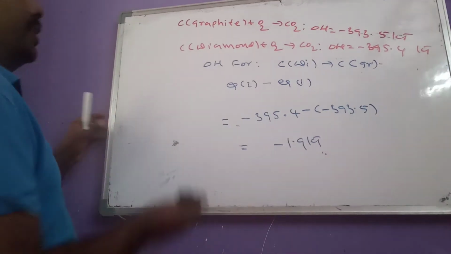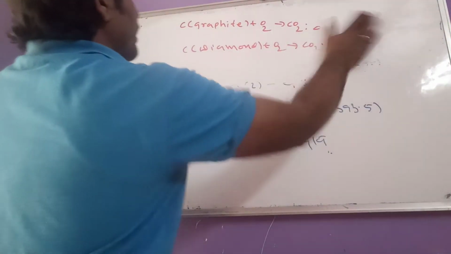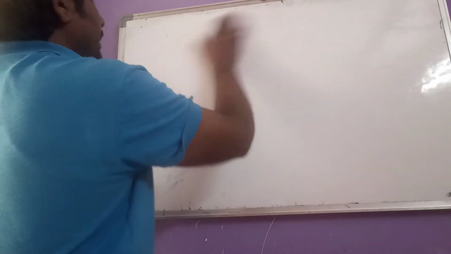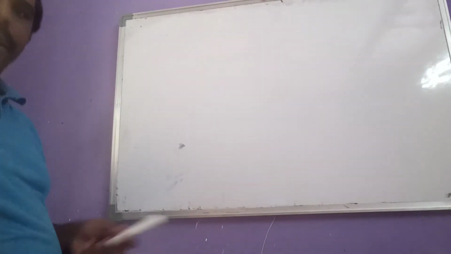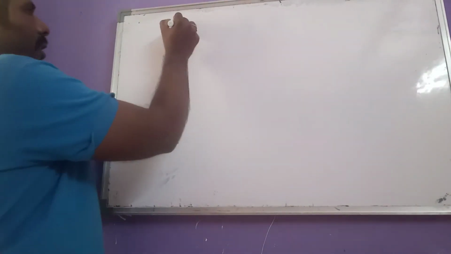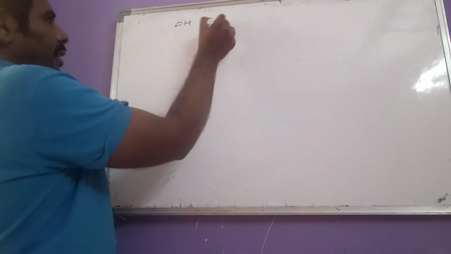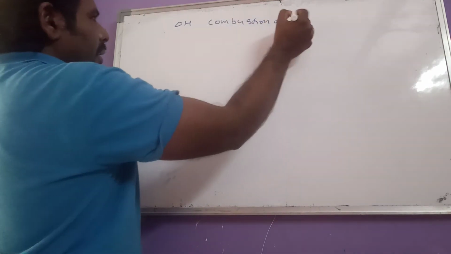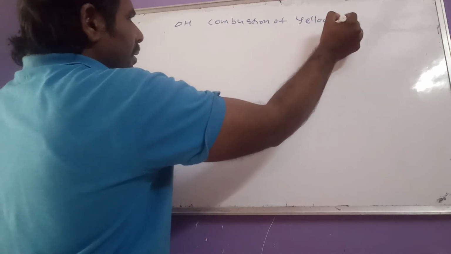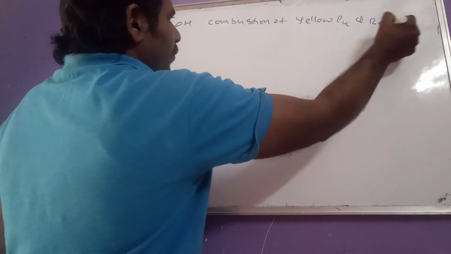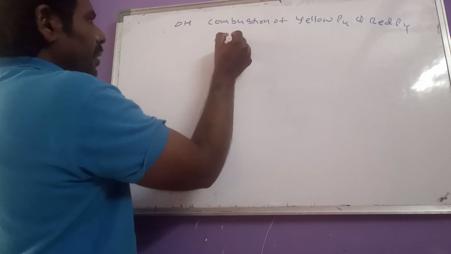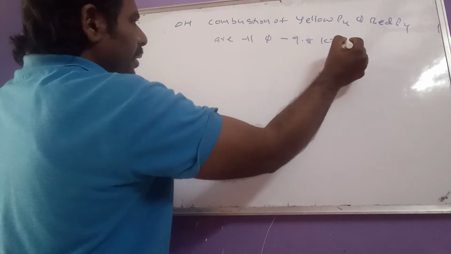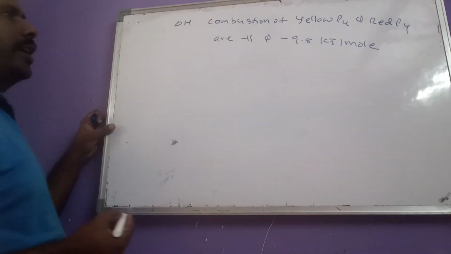Now let us go for another question related to phosphorus. Of course, yellow phosphorus and red phosphorus are there. Now, delta H of combustion of yellow phosphorus and red phosphorus are minus 11 and minus 9.8 kilojoule per mole respectively.